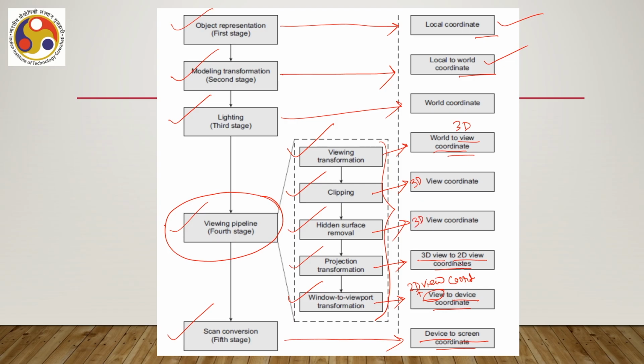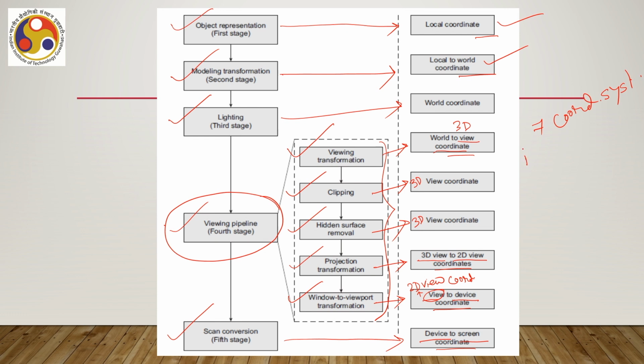Then 3D view to 2D view transformation means another view coordinate system, that is 2D view coordinate system, then device coordinate system, and finally screen coordinate system. So, essentially 7 coordinate systems are involved in this overall process.